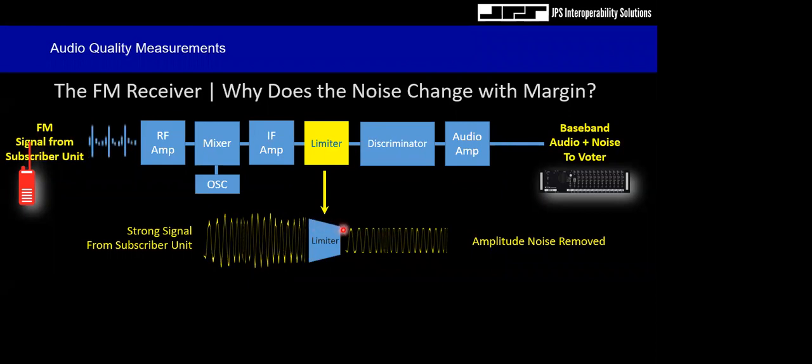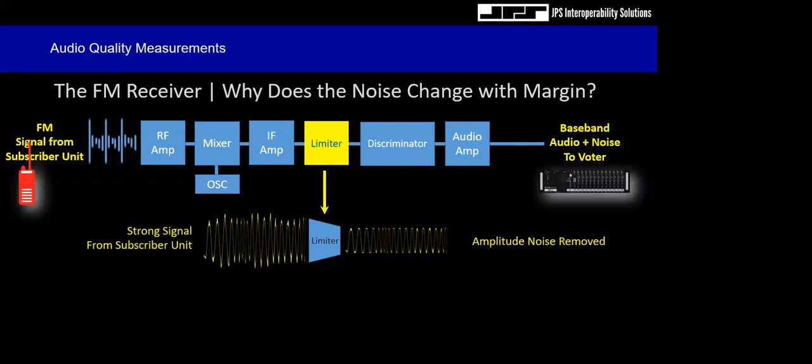All right. So if we apply a limiter, we can, for the most part, strip off that amplitude and create a nice constant envelope where just the FM information is delivered to the discriminator and our audio is very clean. So that's one of the great attributes of FM communications with a fully quieted receiver, is that the baseband audio is going to be essentially free of noise.